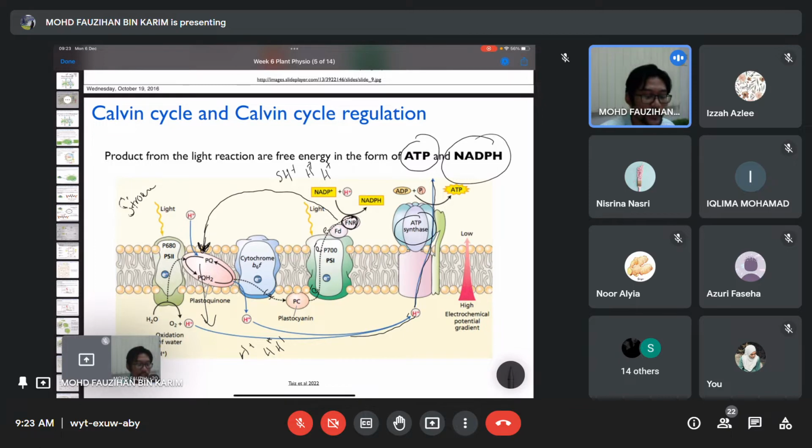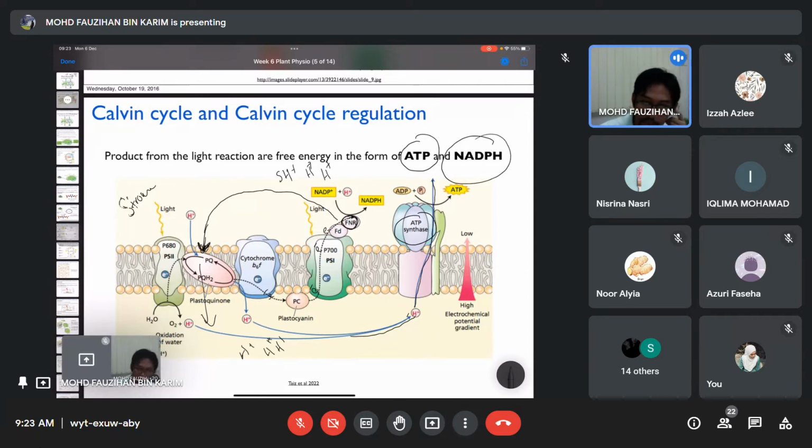If the ATP synthase is enough, the machine is enough to produce ATP, it will not involve any gene expression. You know that gene expression is transcription producing the mRNA, and the mRNA will be translated into proteins, depending on the gene that has been expressed.